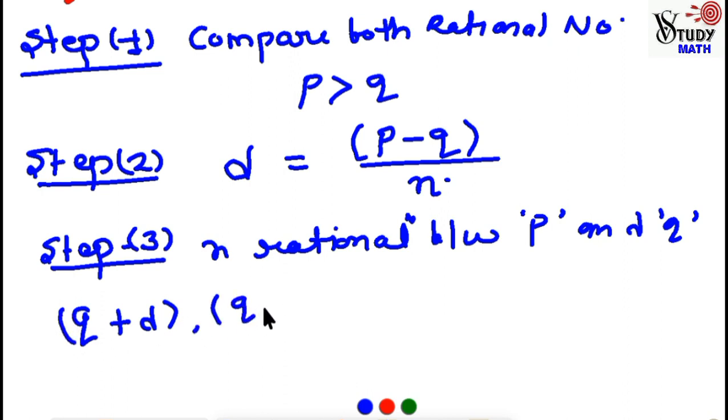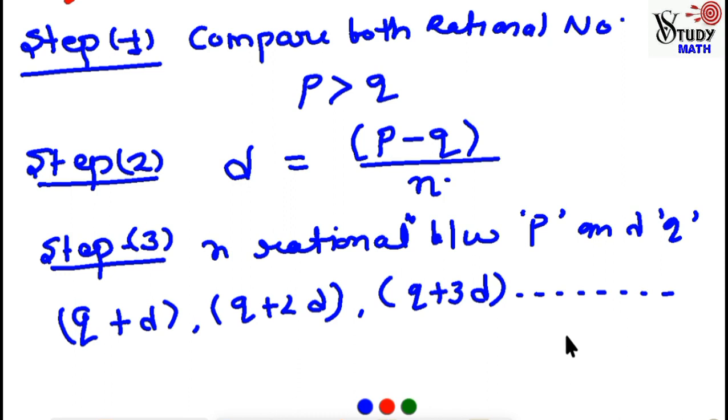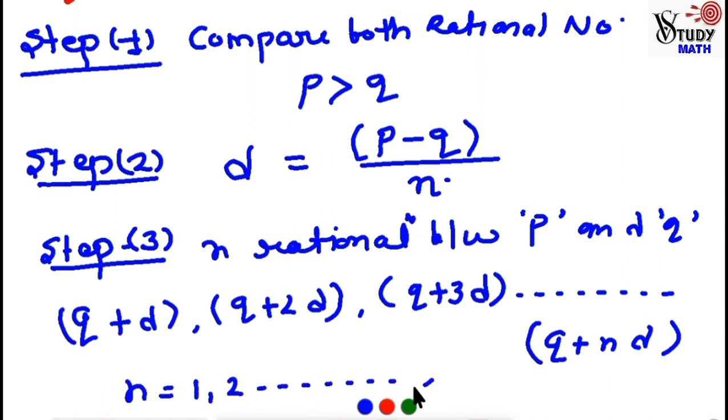Second rational number is Q plus double of D. Third rational number is Q plus triple of D, and going on, Q plus n times D, where n is the set of natural numbers starting from 1 and going to infinity.